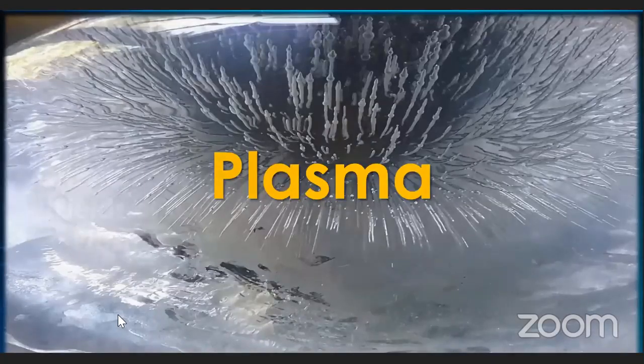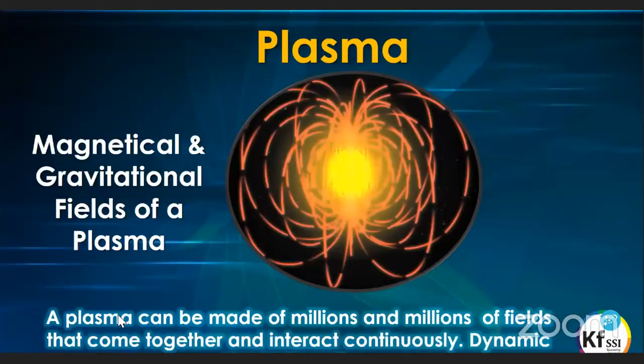Okay, so when we look at a plasma, we've got to look at the magnetical and gravitational fields of this plasma. A plasma can be made of millions and millions of fields which come together and interact continuously. It's a dynamic field interaction.